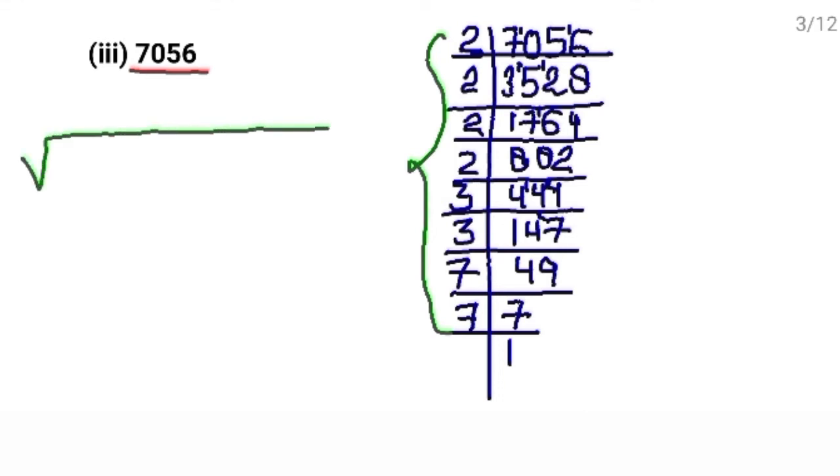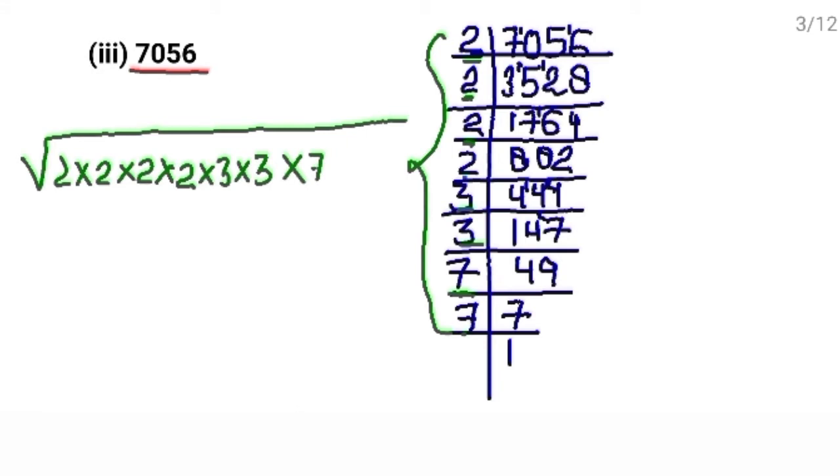This is the symbol of square root. How many times are we getting 2? 1, 2, 3, 4: 4 times 2. 2 times 3: multiply 3, multiply 3. And 2 times 7. Right?